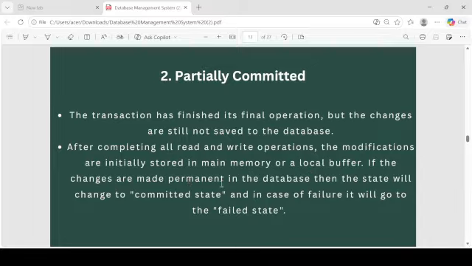If the changes are made permanent in the database, then the state changes to the committed state. If the transaction is successful and the data is saved in the database, it is in the committed state. And in case of failure, it goes to the failed state, as I told you in the figure.